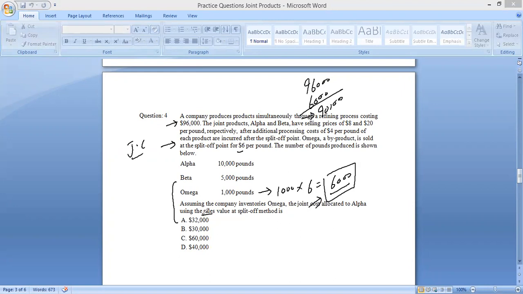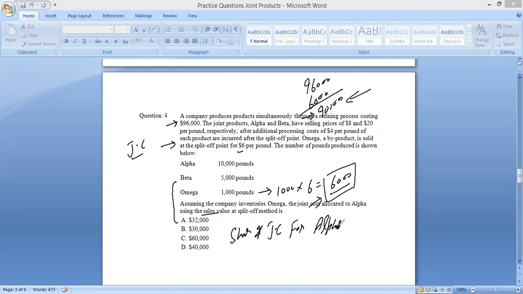Correct? And he asked as per the sales value method. So now, students, we have to allocate this 90,000 as per the sales value method. And he asked this particular question for alpha. Students, how will we calculate the share of joint cost for alpha?